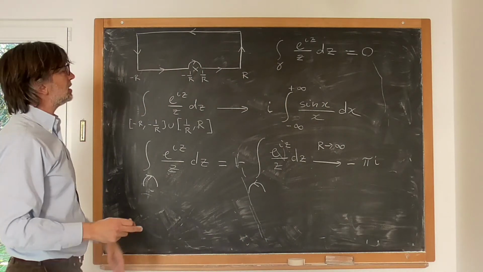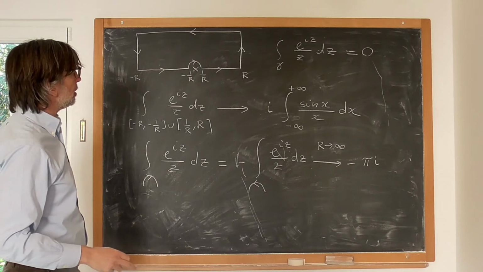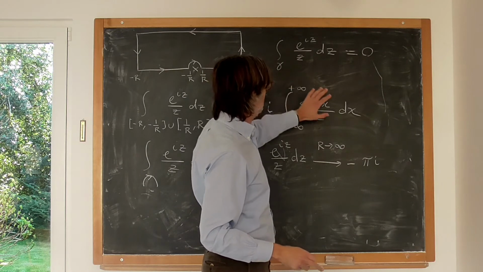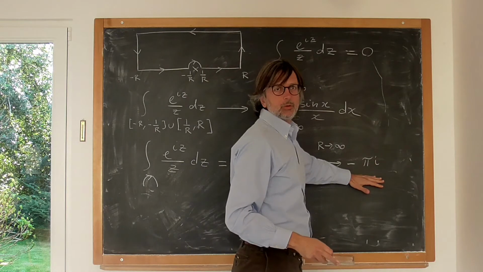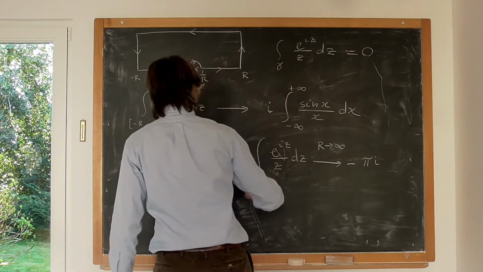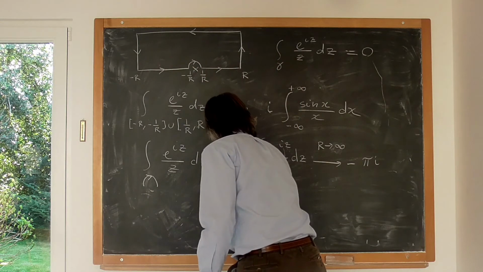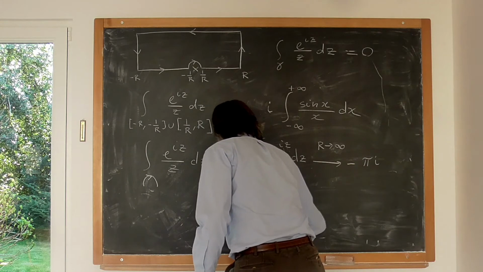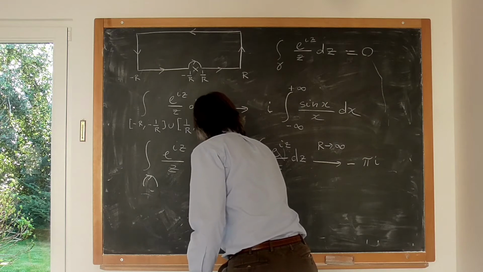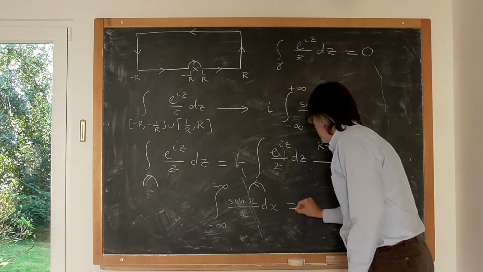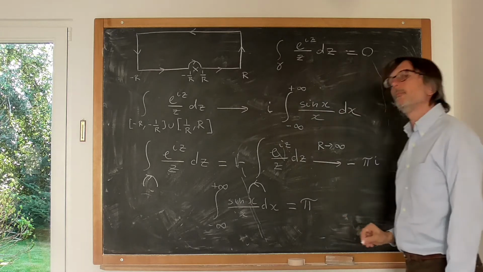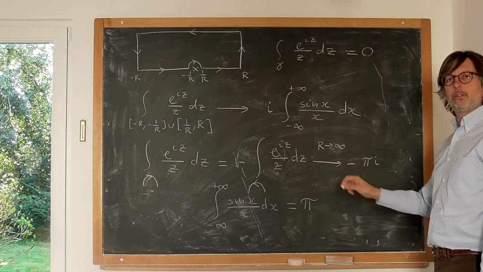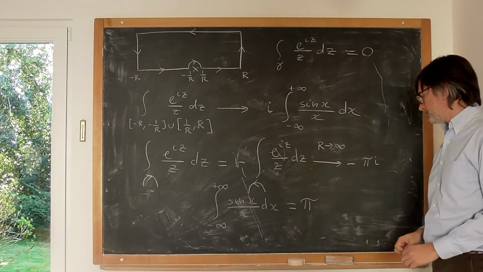So if we put all these pieces of information together, we obtain that this integral equals minus this quantity. And by taking imaginary parts, we obtain that the integral of sine x divided by x dx from minus infinity to plus infinity has the value pi. Okay, so we have computed the value of this improper integral.